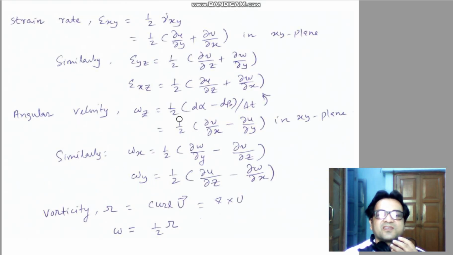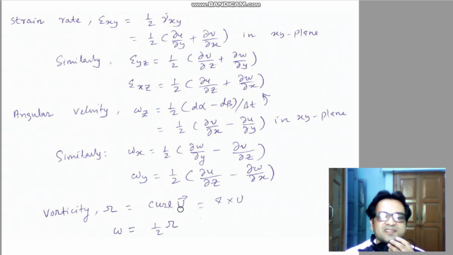So angular velocity will be half of d alpha minus d beta by delta t. d alpha and d beta you already know, so it is half of del v by del x minus del u by del y in the xy plane. Similarly, if it is the yz plane, you will get omega x, and if it is the xz plane, you will get omega y, just replacing the corresponding quantities.